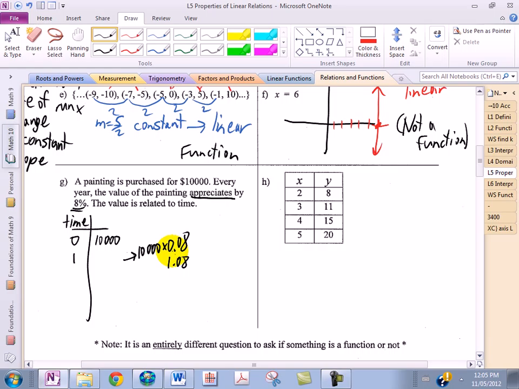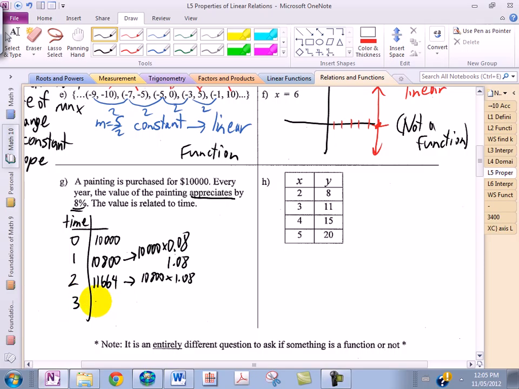If you put the 1 in front, that means it's 10,000 plus. What does that equal? 10,800. Okay, number 2. Year 2, it's going to be 10,800 times 1.08. What does that equal? 11,664.